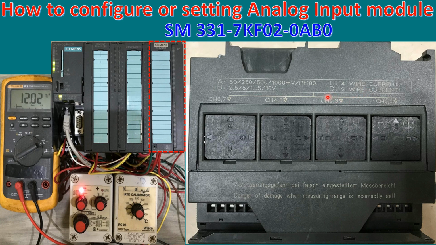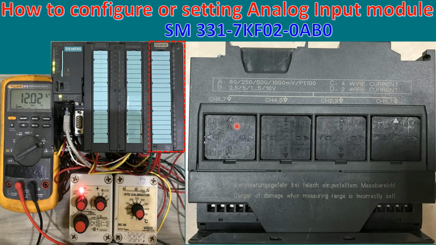And if we select D, we can use 2 wire current. If we would like to supply the transmitter, we can select 2 wire and then we can use it. Okay, so this is very important. If we make the wrong selection and configure the software, it means that the hardware and software configuration must be the same.